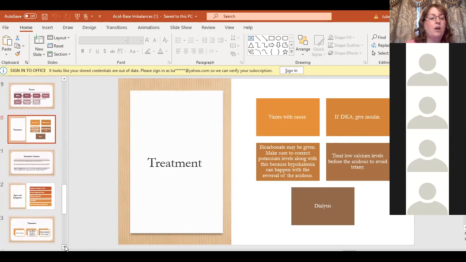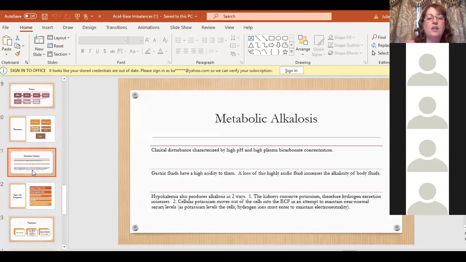Okay, so our last one is going to be metabolic alkalosis. With this one, you have a high pH and a high HCO3. This one is going to have some GI type symptoms associated with it.